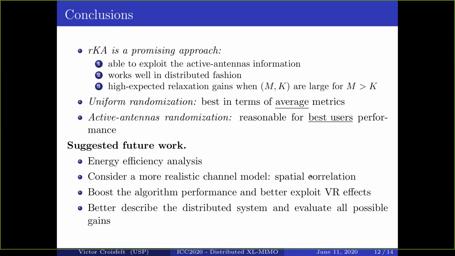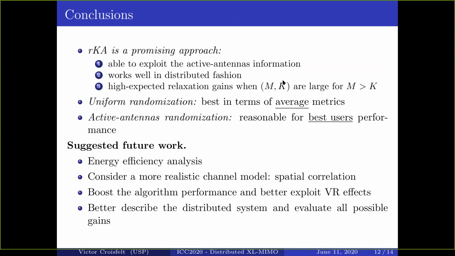To sum up, receive combining schemes based on the randomized Kaczmarz algorithm are a promising approach in the context of XL-MIMO, since we can exploit the idea of active antennas. It works well in a distributed manner, and we can obtain high computational complexity gains, mainly when the numbers of both antennas and users are very large, which corresponds to our scenario of interest.